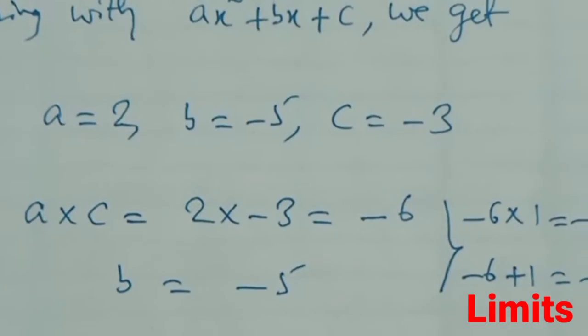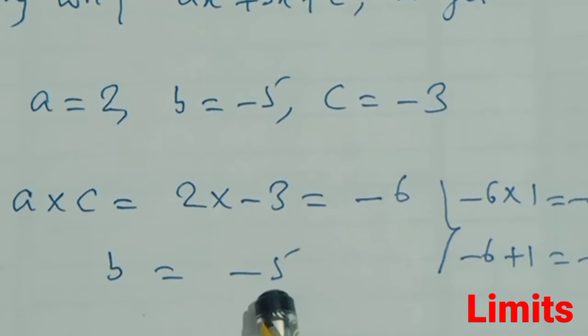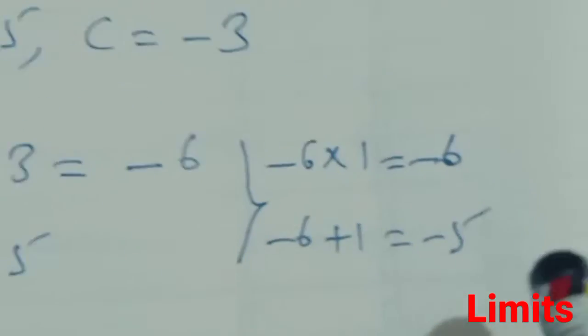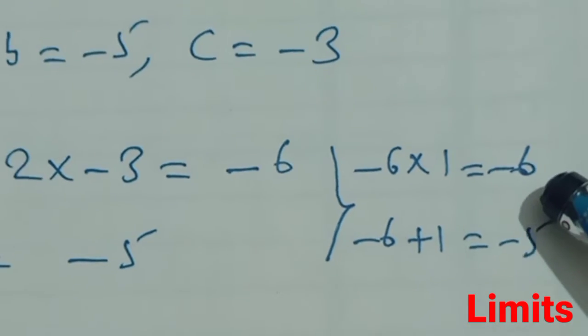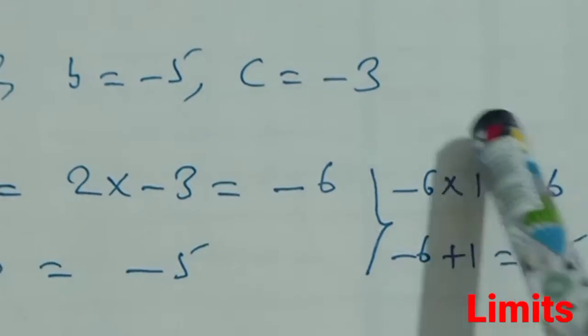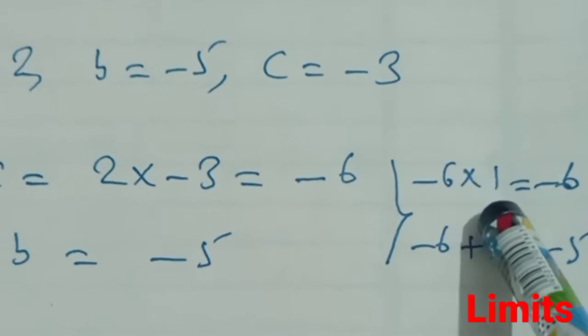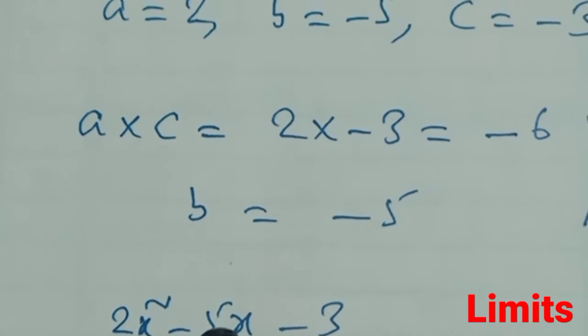Now we need two numbers whose multiplication is minus 6 and whose sum is minus 5. Those numbers are minus 6 and 1: minus 6 into 1 is minus 6, and minus 6 plus 1 is minus 5. So here we take minus 6 and 1.